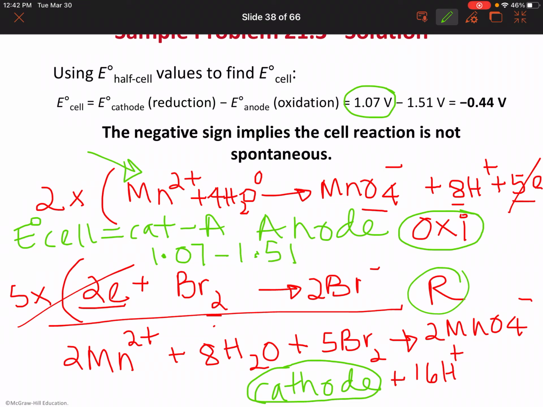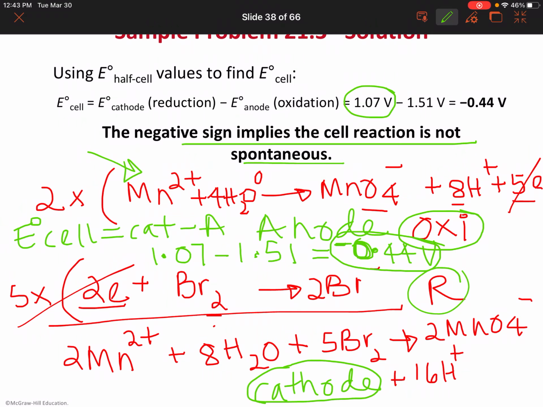So 1.07 minus 1.51 equals negative 0.44 volts. Now for the E-naught cell, we got a negative potential. If a reaction is going to be spontaneous, E-naught cell needs to be greater than 0. So do you think this is spontaneous? No. The negative sign implies the cell reaction is not spontaneous. Okay, so that's how you would find, if you are given a reaction, whether the reaction is spontaneous or not.